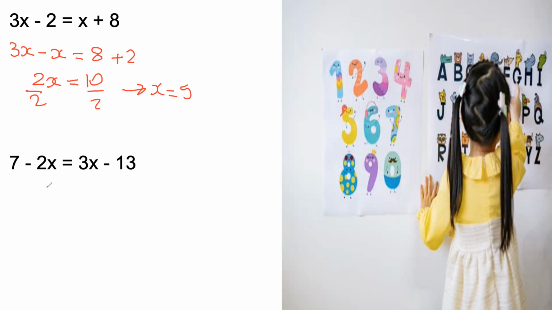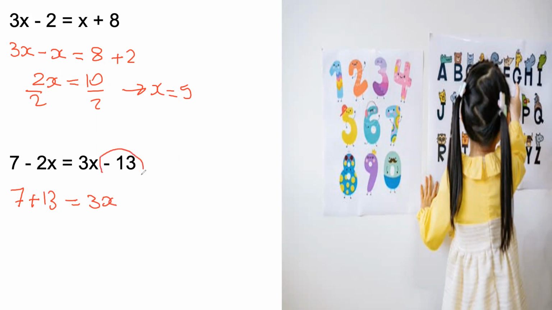So you could also move the numbers without the x's to the left side. So basically you're moving the negative 13 to that side, which makes this 7. The 7 is going to stay there, plus 13, because if you move the negative 13 to the other side of the equal sign, to the left side, it becomes positive. And we still have the 3x on the right-hand side, and I'm moving the negative 2x to the right side.